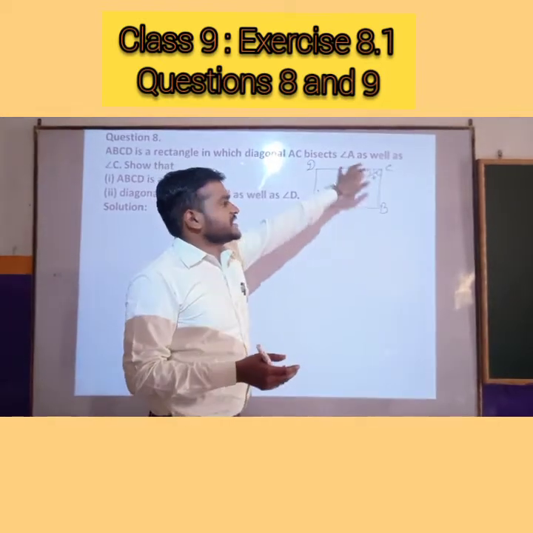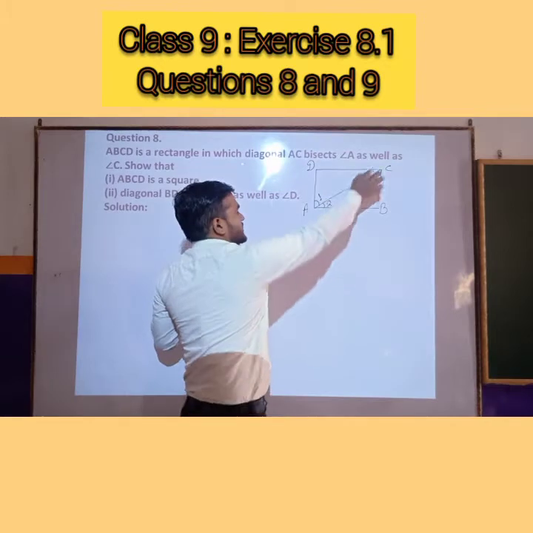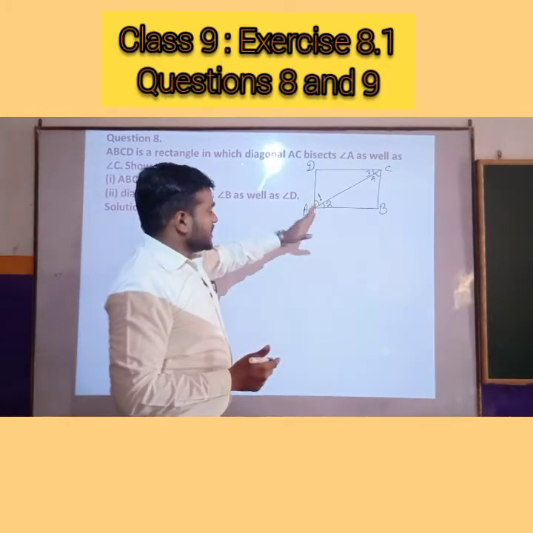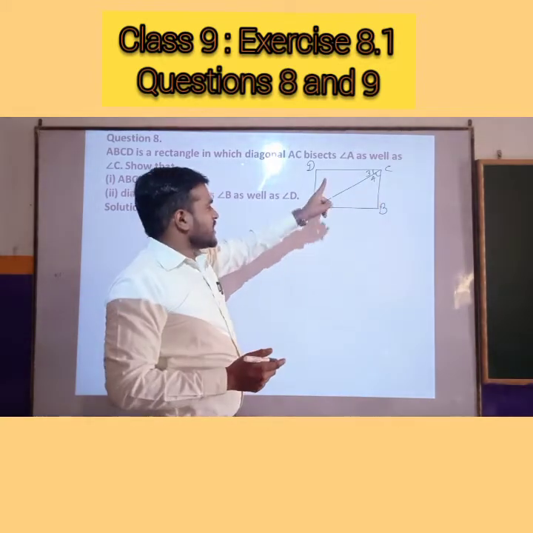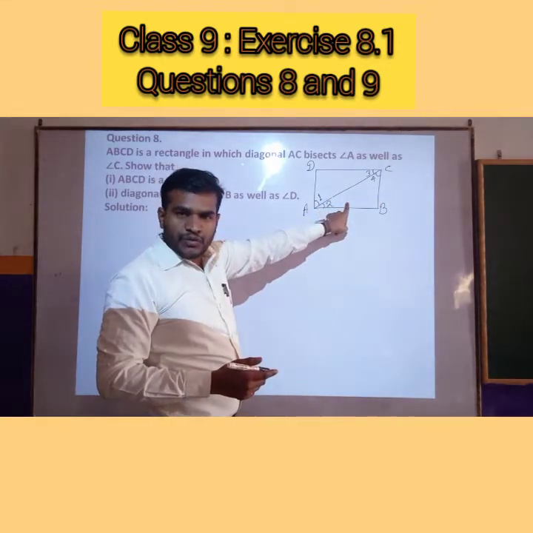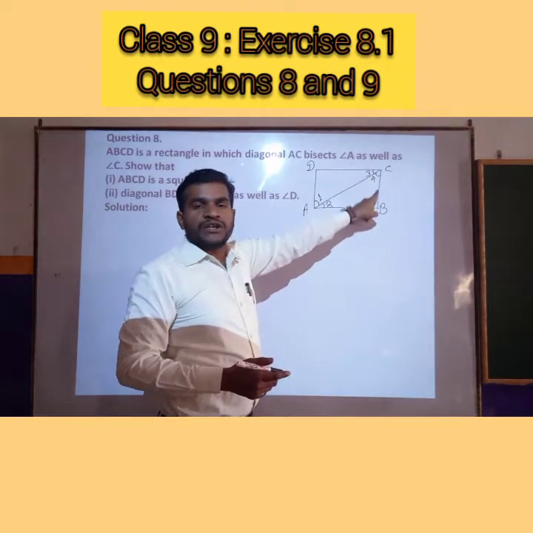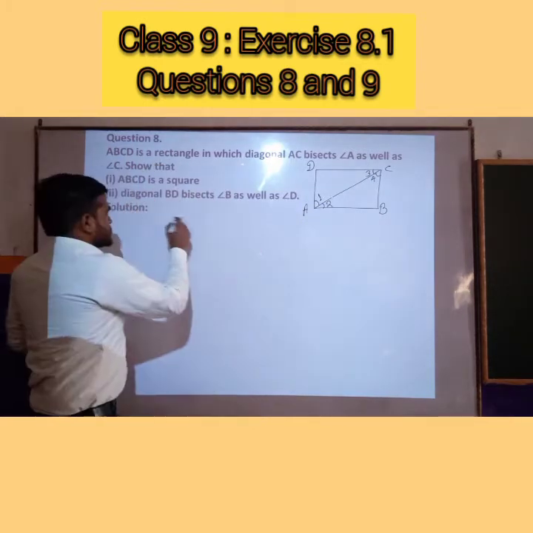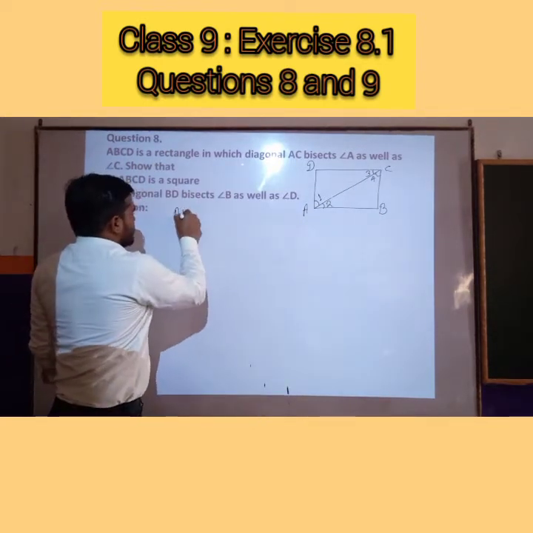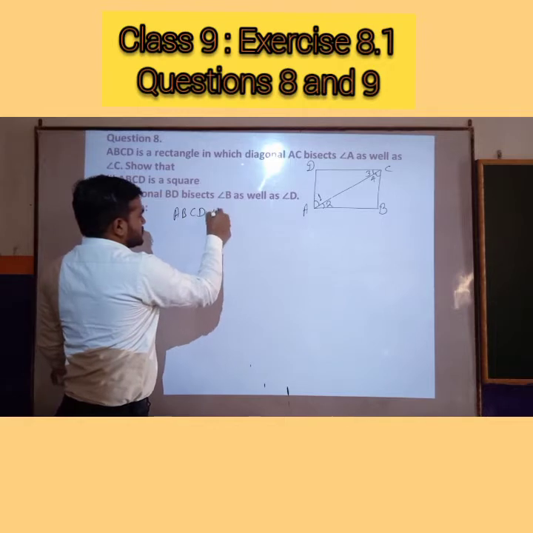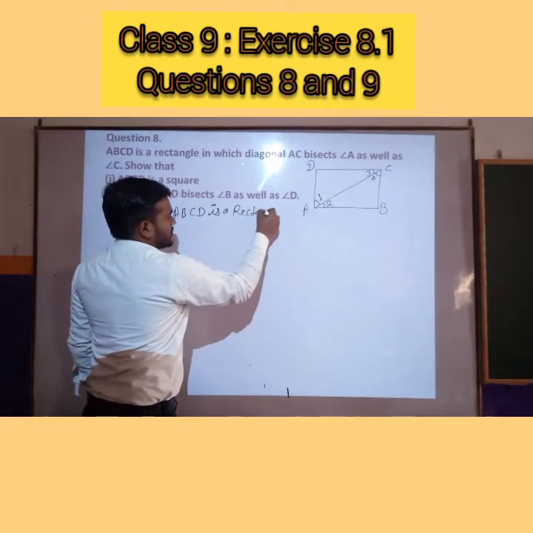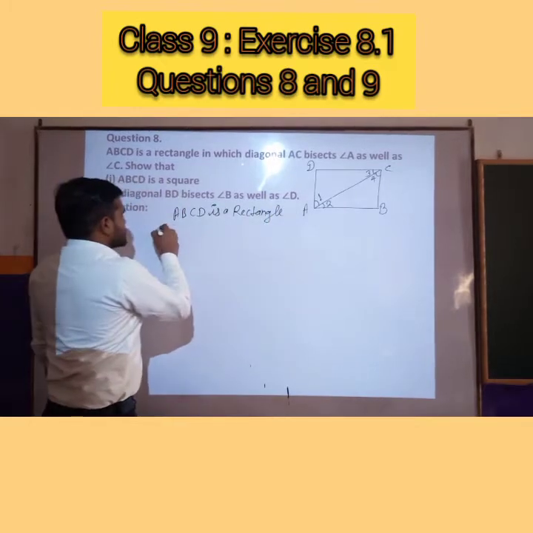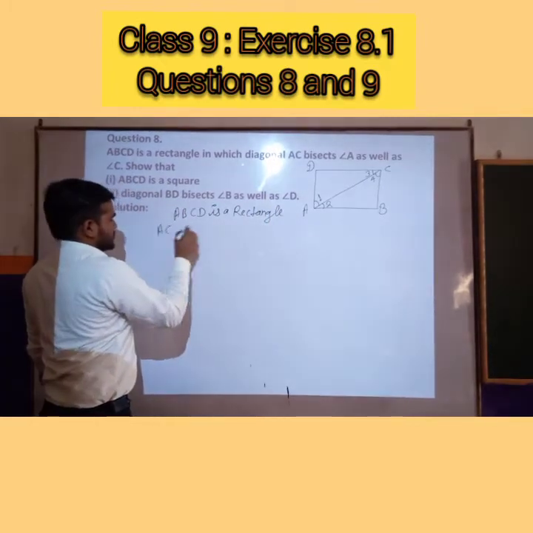Rectangle ABCD, its diagonal AC. If diagonal AC bisects angle A as well as angle C, it means angle 1 is equal to angle 2 and angle 3 is equal to angle 4.